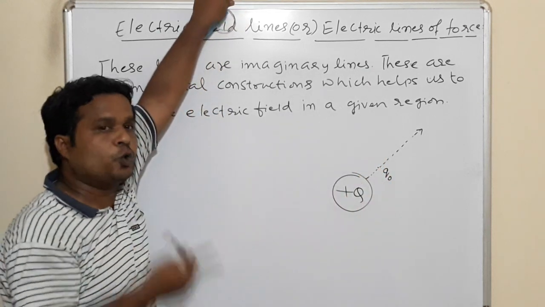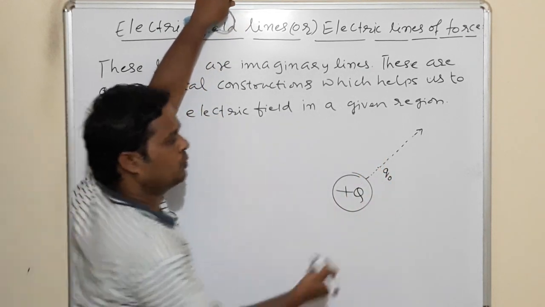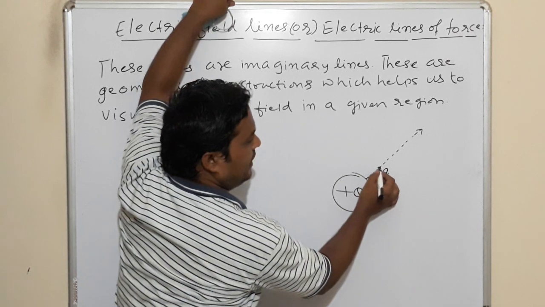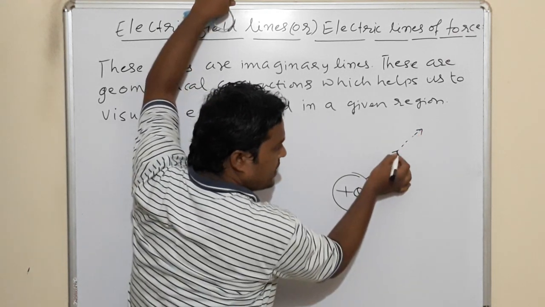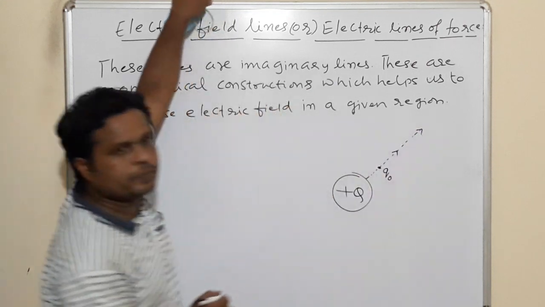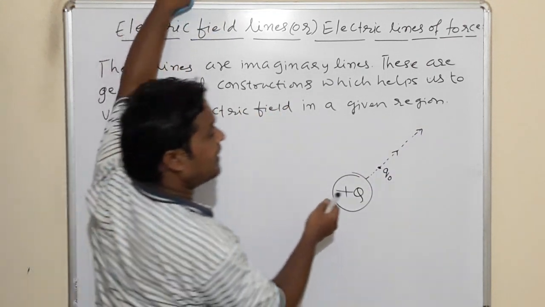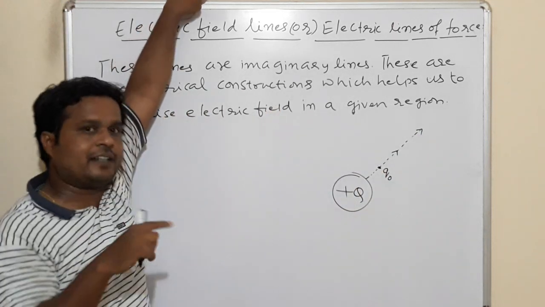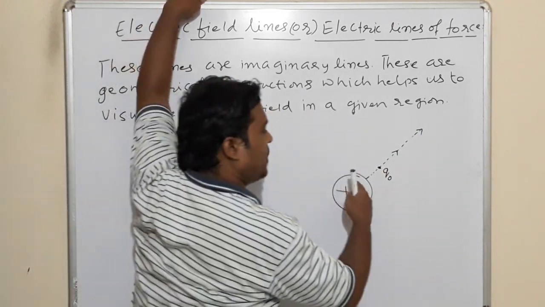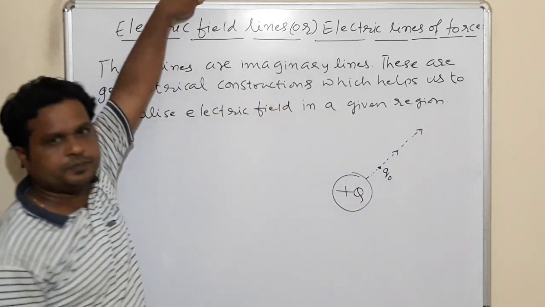When it is allowed to move, then we say that it will move along this line, because force is acting along this line. Then we say that this is the line of force. Since the force is electric force, therefore it is called as electric line of force.